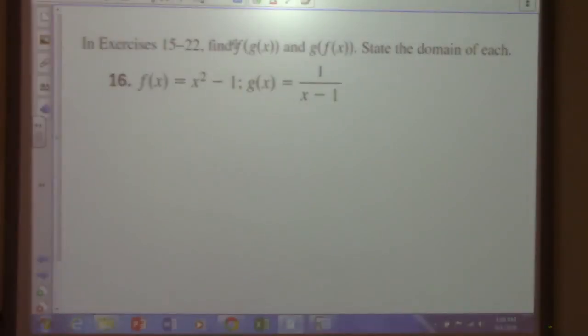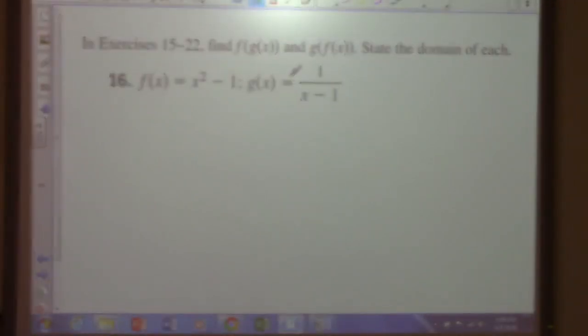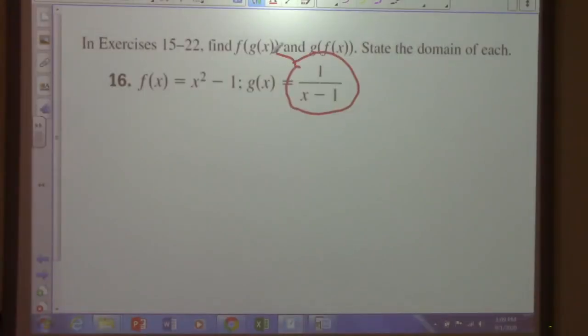All right. You ready? Okay, we're going to look at this now, right? So now we have f of g of x. So we're going to take this g of x and plug it where? In the place of this x right here.